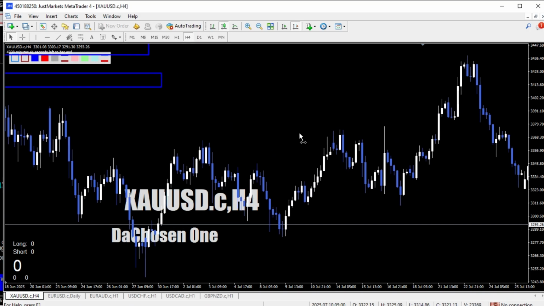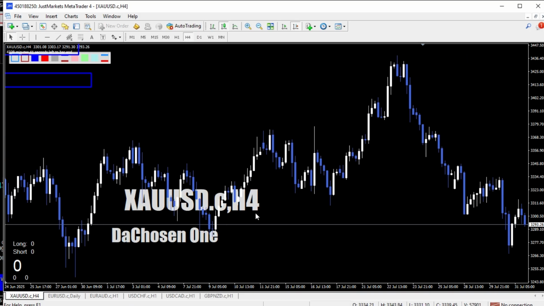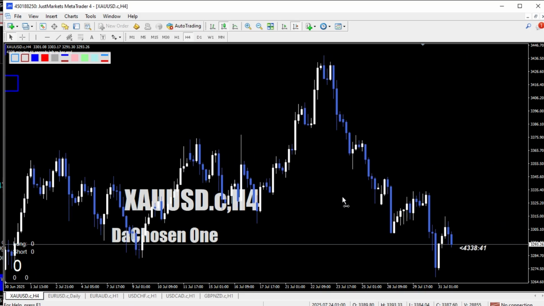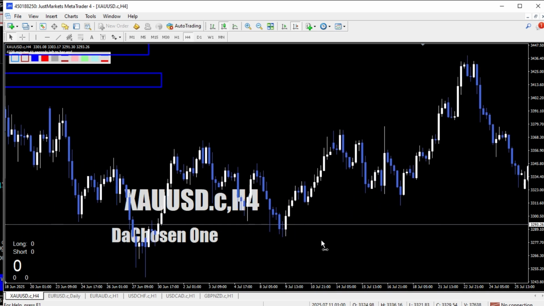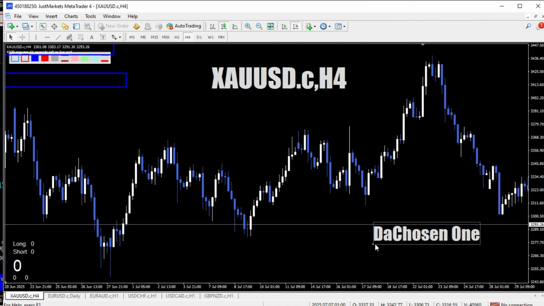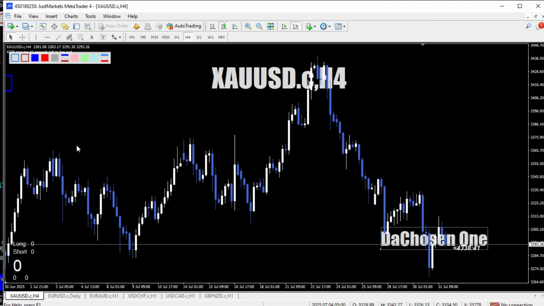Type 1. This can be our type 1, and this can be our type 1.